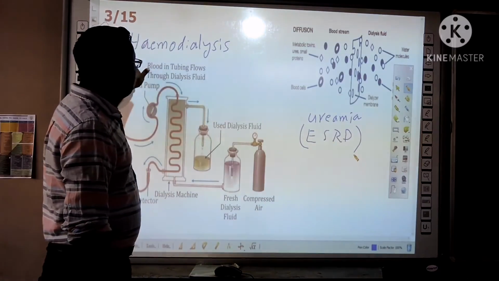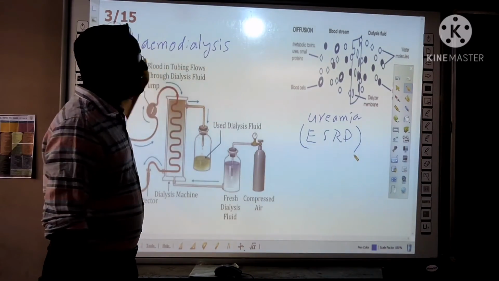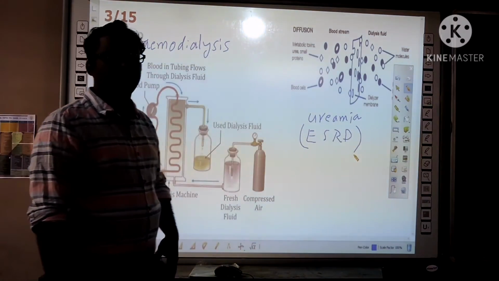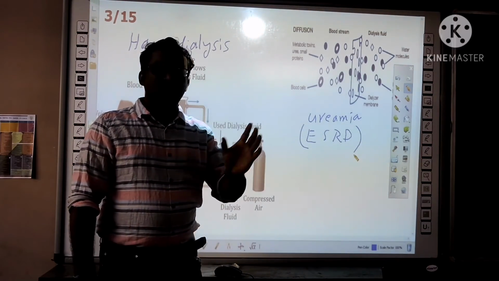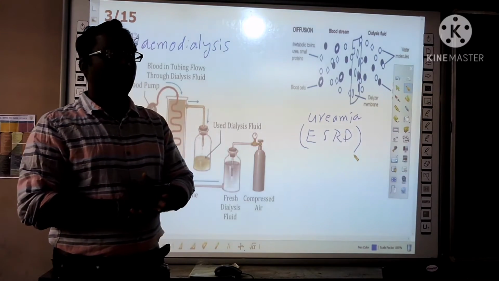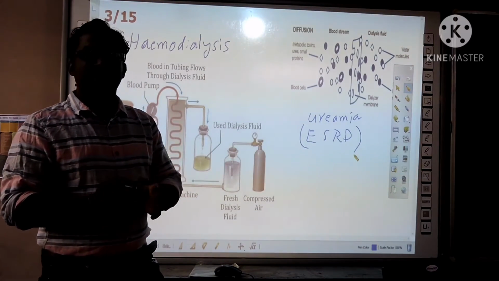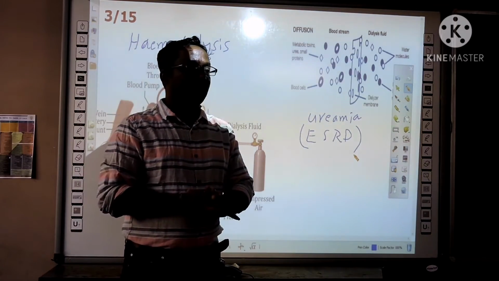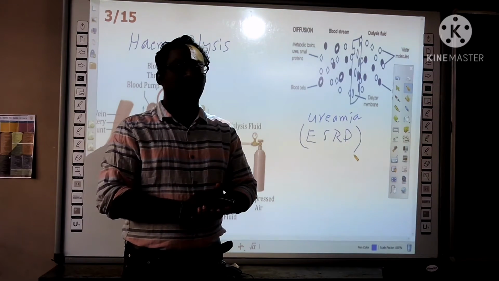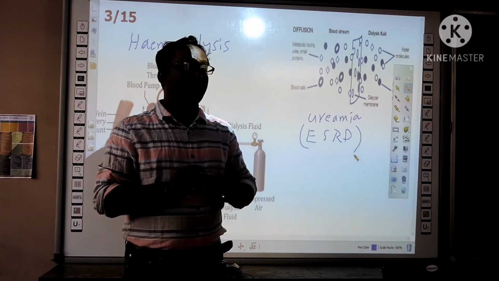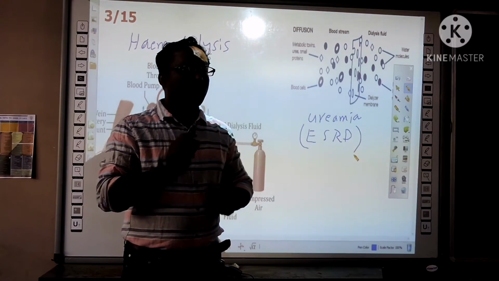Here we have to discuss hemodialysis. To do this hemodialysis, first of all, a fissure is created in the hand region. Small pipes are connected to the veins and artery.